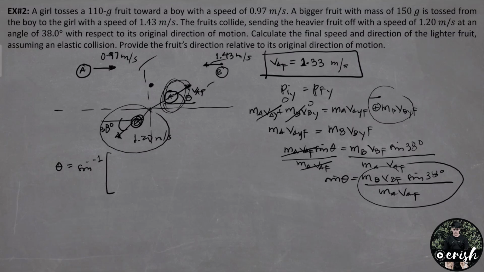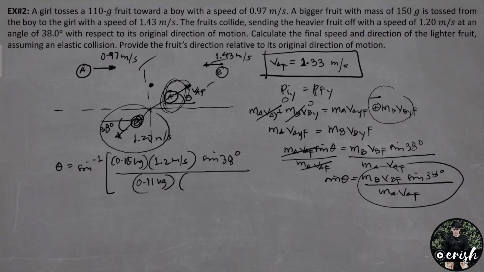Angle theta is equal to inverse sine times, substitute na natin yung values nito. Ang mass of fruit B is equal to 0.15 kilograms times ng kanyang final velocity is equal to 1.2 meters per second, sine 38 degrees over mass of A, 0.11 kilograms times kanyang final velocity na na-solve natin kanina lang, ito, 1.33 meters per second.